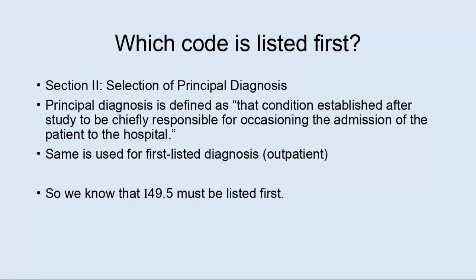A principal diagnosis is defined as that condition established after study to be chiefly responsible for occasioning the admission of the patient to the hospital. Why is the patient being brought in? Well, they're not being brought in for the obesity. They're not being brought in for the BMI. They're being brought in for the sick sinus syndrome. So I49.5 is listed first.